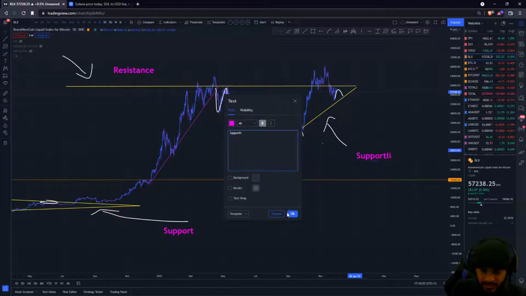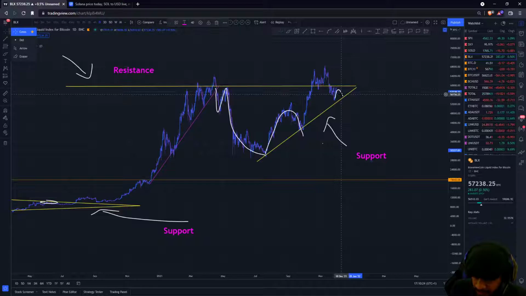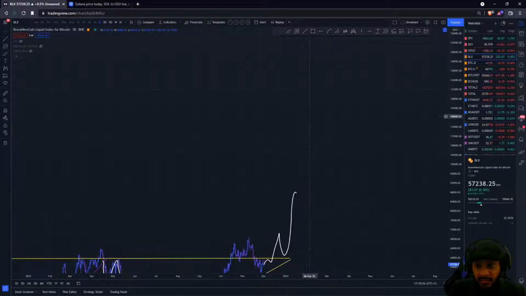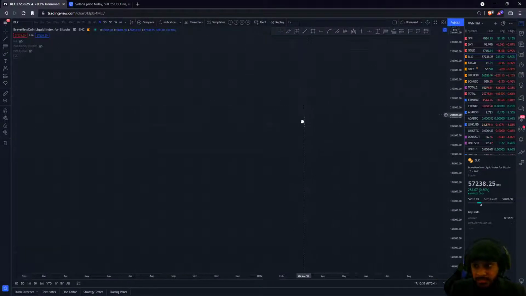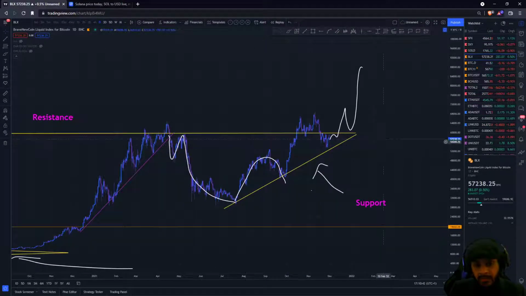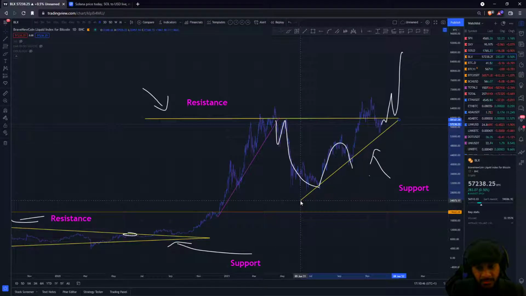So what we can expect right now is if Bitcoin breaks this target of 60K, it's gonna go parabolic again. It's gonna increase in price, and my price prediction is somewhere around 280K, the cycle top. So this shows that there is a lot of strength in the market to increase in its price.